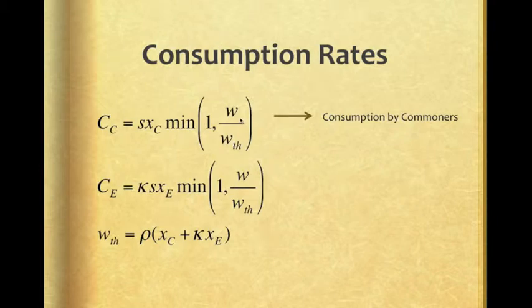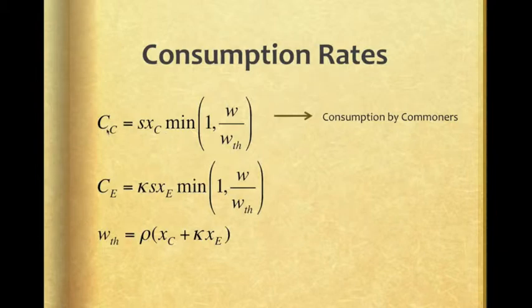This is meant to imply that if there's plenty of wealth, by which this ratio will be larger than 1, then consumption is basically salary times population. However, if you start running at values of total wealth in the system that are lower than that threshold, then essentially the system reduces consumption.